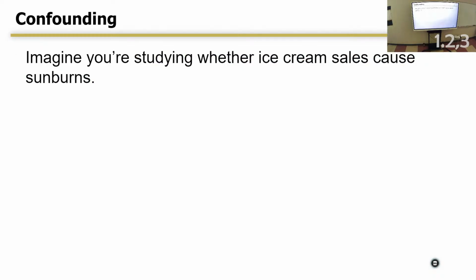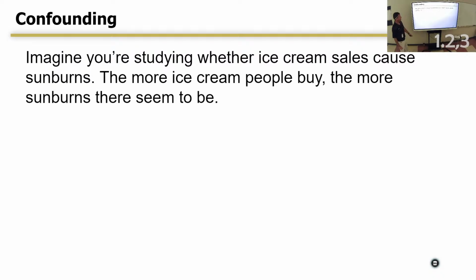Confounding variable. Let's try to explain it. Imagine you're studying whether ice cream sales cause sunburns. As the ice cream sales go up, the sunburns go up. I don't know if it's linear or not, but it's a positive correlation. But I don't think ice cream has anything to do with sunburns, right?